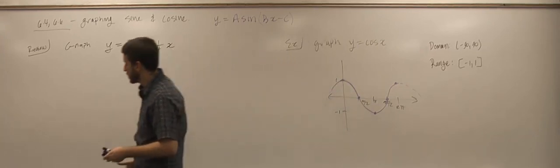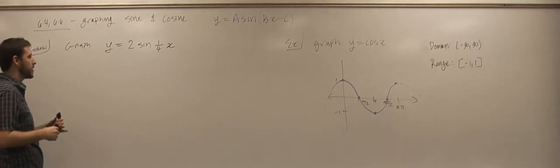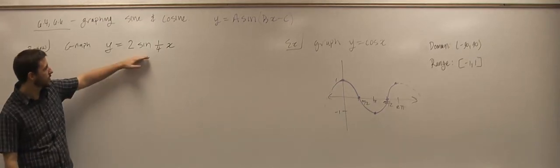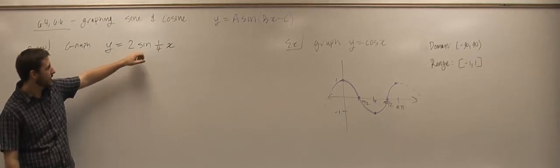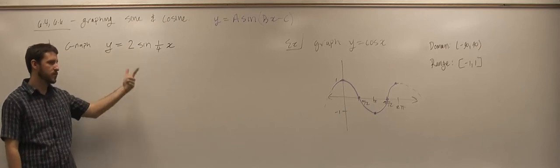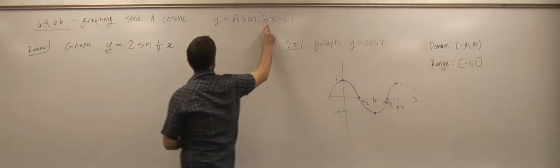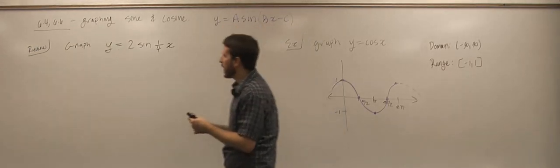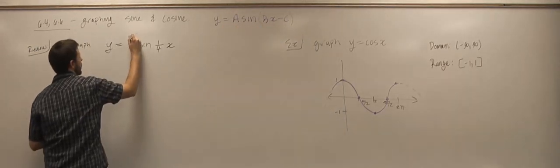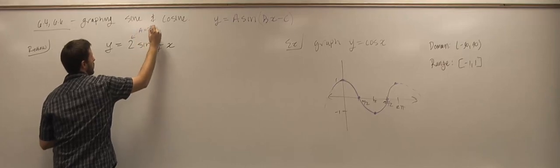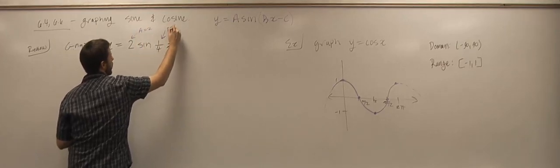The standard way, or at least the way we're going to do it in this class, to graph this is to figure out first what your amplitude, period, and phase shift are. Those come from these A, B, and C numbers. A in this case is equal to 2. B is equal to 1/4.